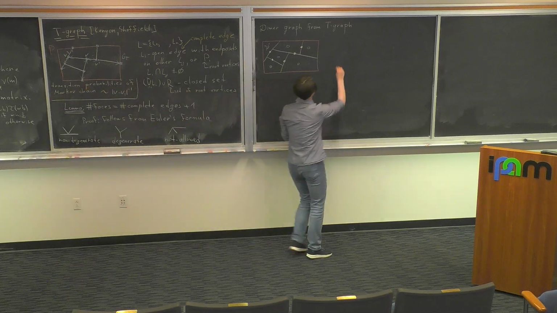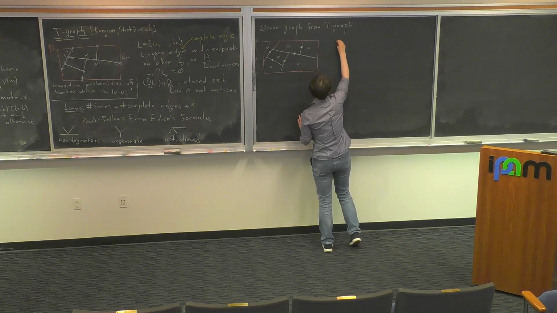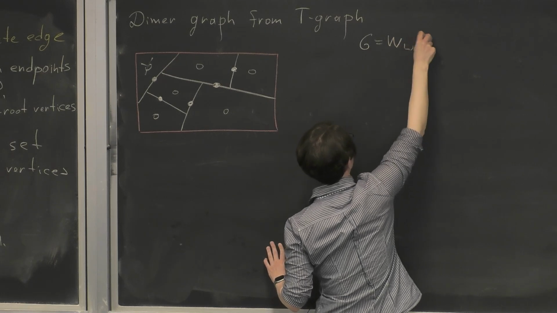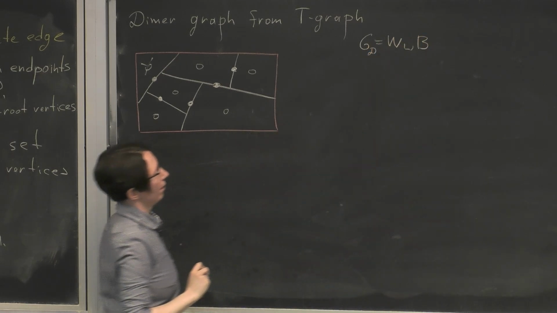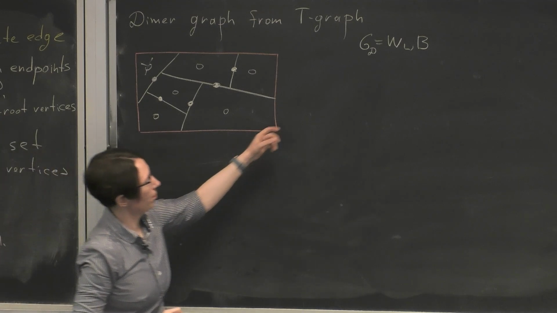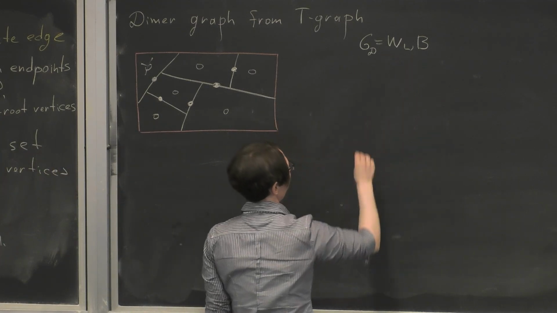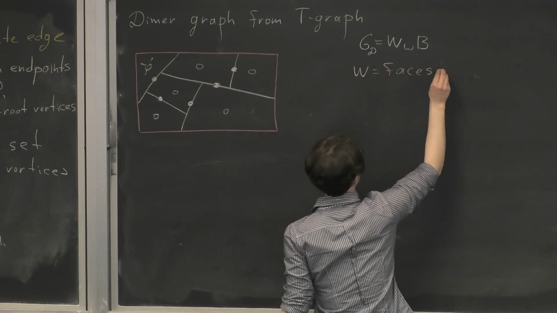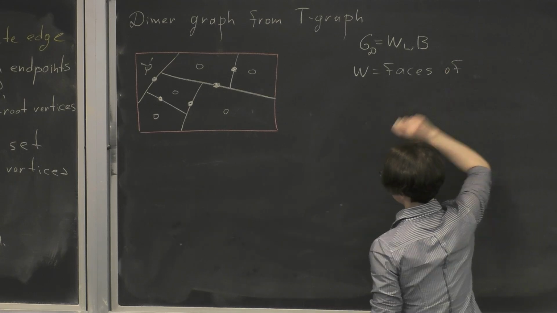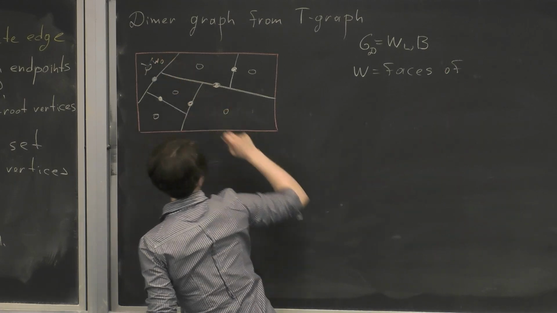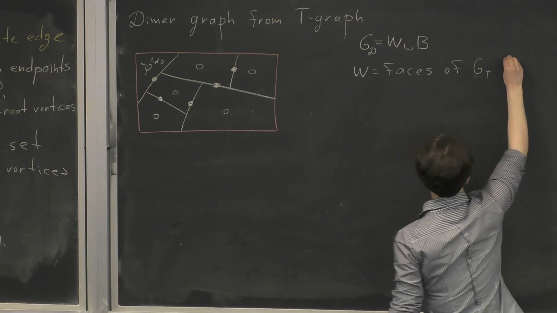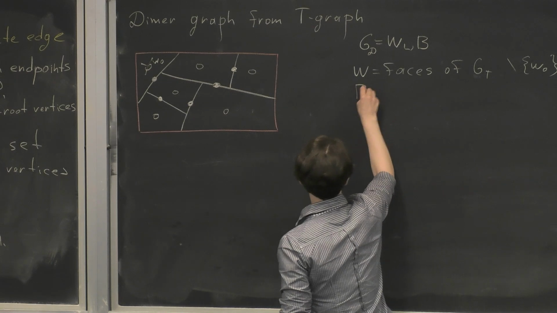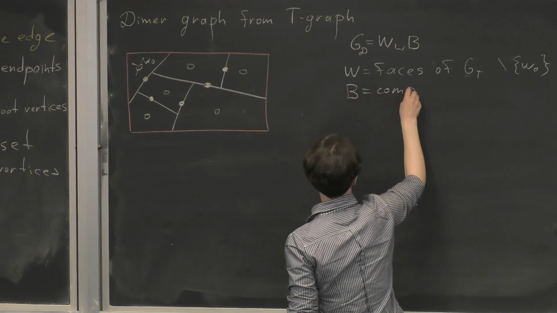So we want to define the graph GD, which is the dimer graph. This is a union of white and black vertices, where white vertices are faces of GT without one boundary face, and black ones are just complete edges.